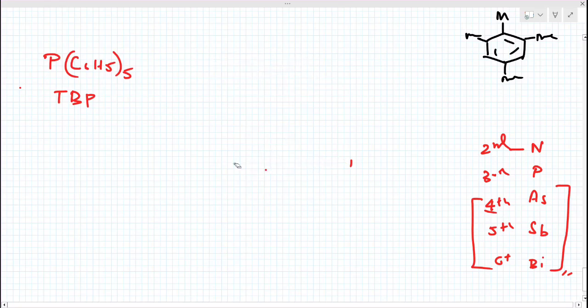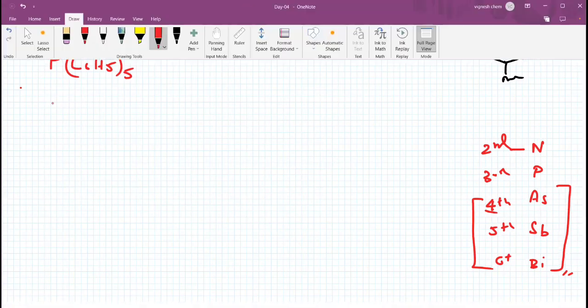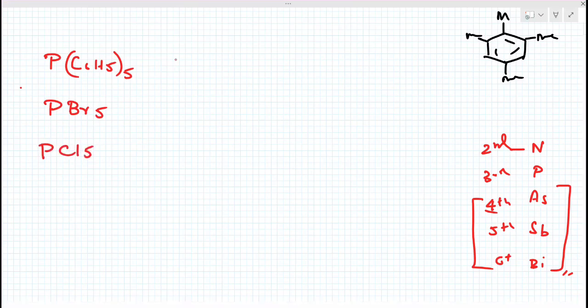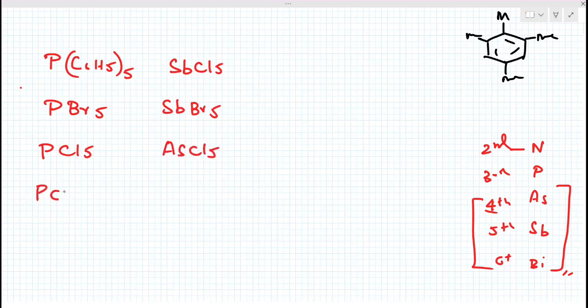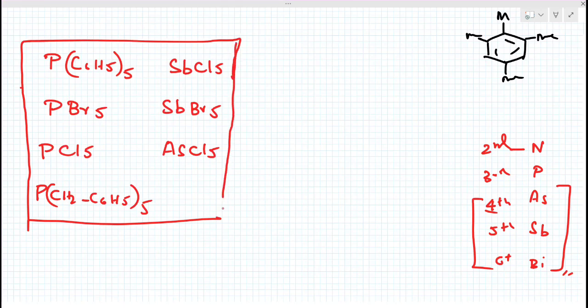Okay, the condition is the same, so the condition is correct. Now see the examples. PBr5, PCl5, SbCl5, SbBr5, AsCl5, and P(CH2C6H5)5.